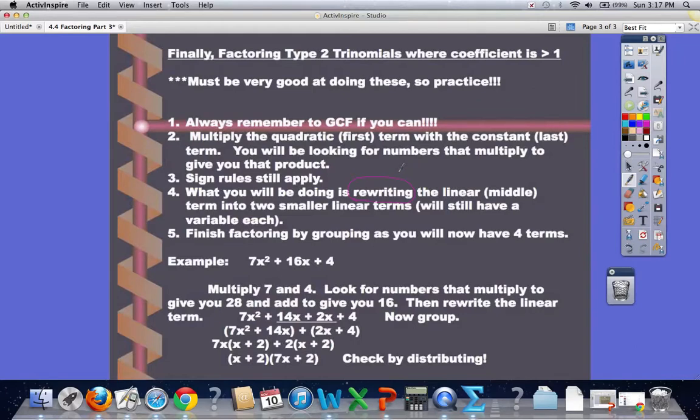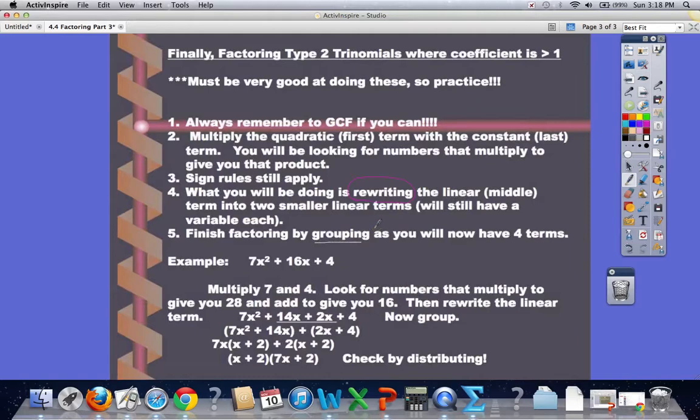They manipulate things so that you can use them. So you're going to be rewriting that linear term and making it into two smaller linear terms. You will still have a variable in each one of those, and you'll see what I'm saying in a minute. And then you're going to finish factoring by grouping. Because you're going to end up with four terms, you'll finish up with grouping.